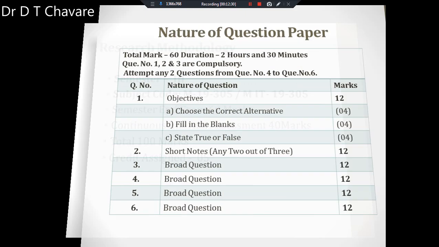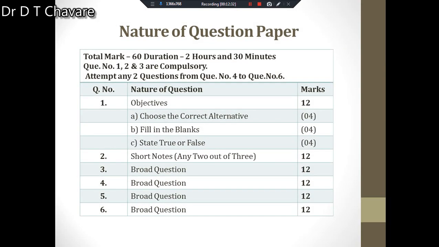Now the nature of the question paper, how the question paper will be. Total marks of this question paper will be 60, and the duration for that paper will be 2 hours and 30 minutes. It means that 2.5 hours will be allowed. In that question paper, question numbers 1, 2 and 3 are compulsory, don't forget at all.